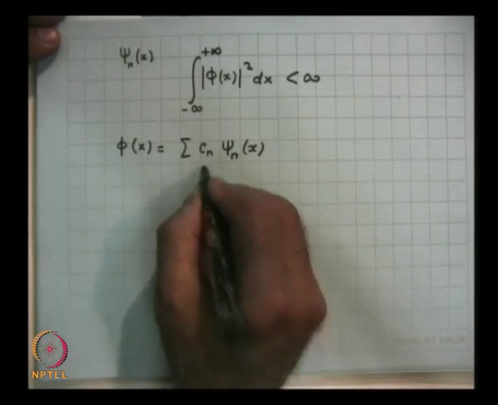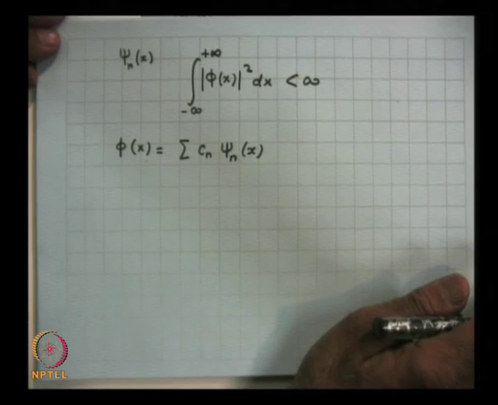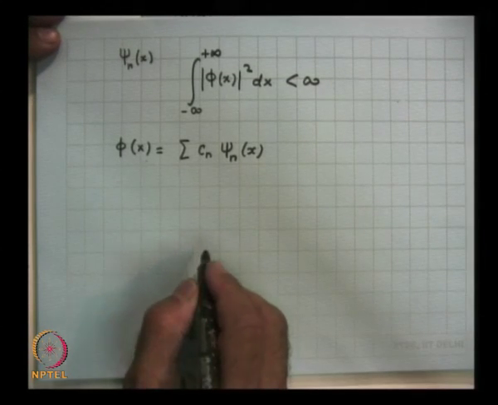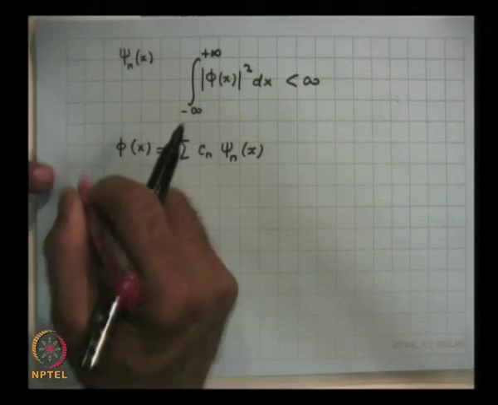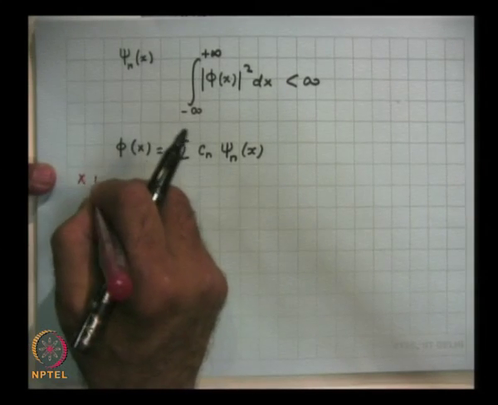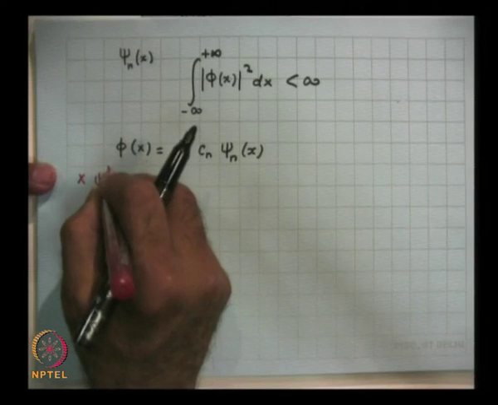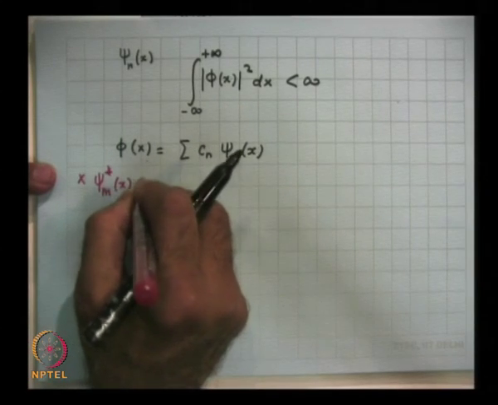So, how do I determine C n? What we do is, I multiply this equation by psi m star of x dx and then integrate.